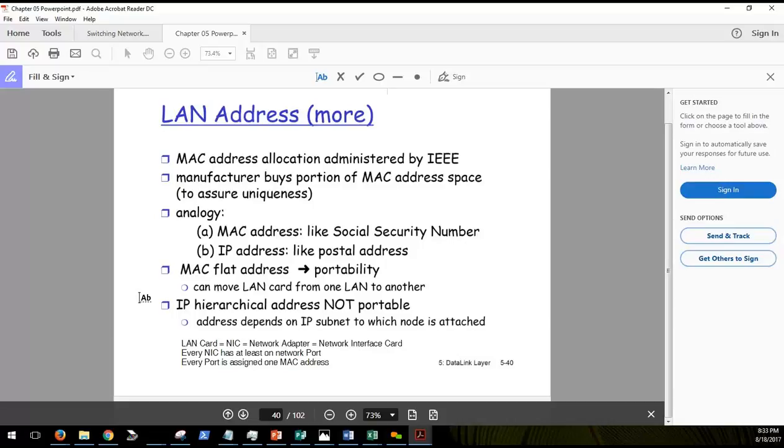No. So on a wireless NIC, do you expect to see a physical port on that card? No, you do not. But you probably will see an antenna. So even though it may not physically have a port, it still is going to get a MAC address.